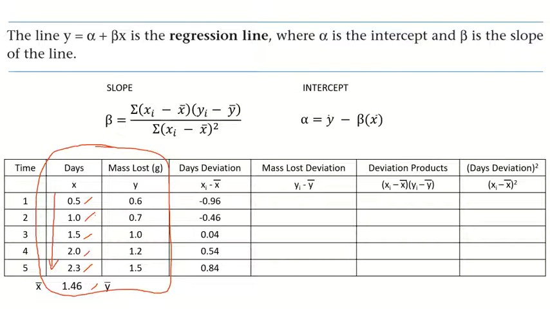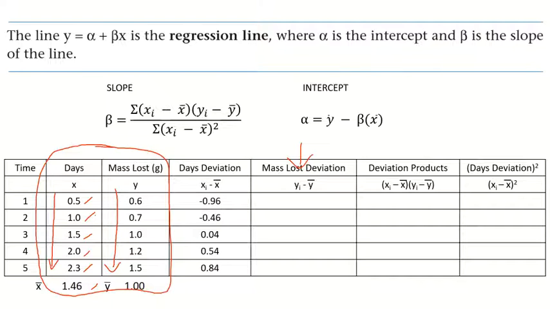Next, we are going to get the mean for the mass lost, this time for our dependent variable. We are going to add all of these values and divide by 5, and we get the value of 1. This is what we had in the previous video, if you can remember, our best estimator. And then we solve for column number 4 here.